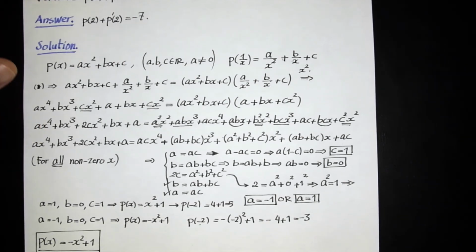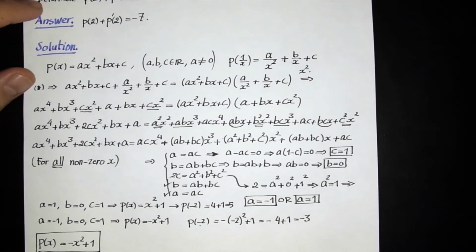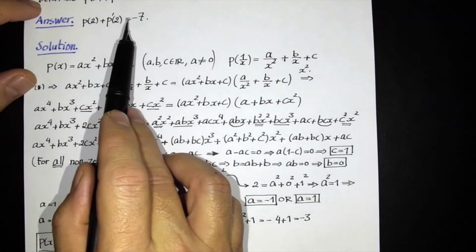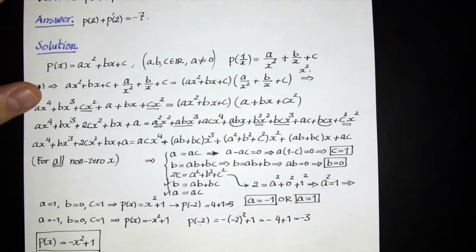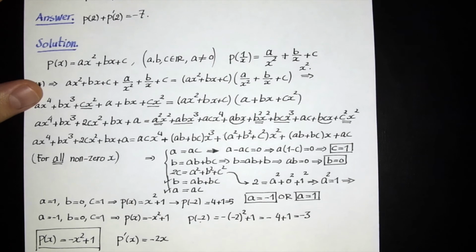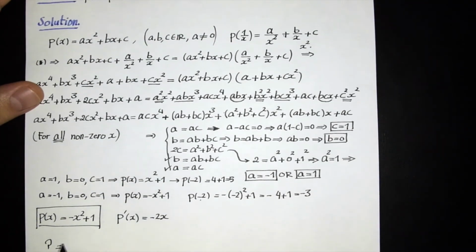Okay, now my goal is to calculate p of 2 plus p prime of 2, and that's easy. So let me calculate the derivative here for you first. So p prime of x becomes minus 2x. Now the question mark that I am going to answer is equal to p of 2 plus p prime of 2.